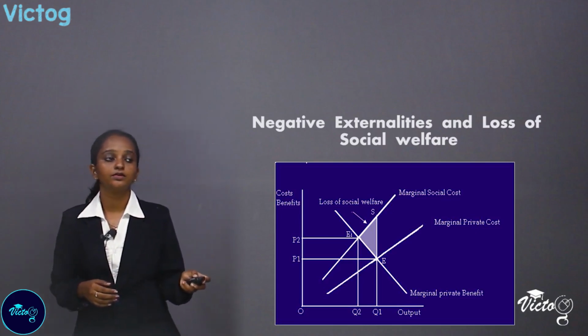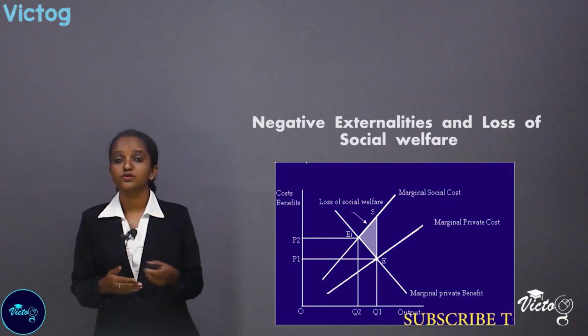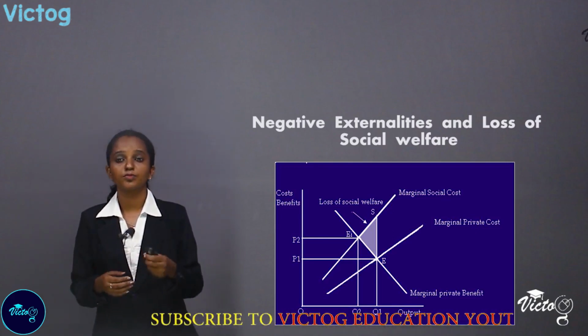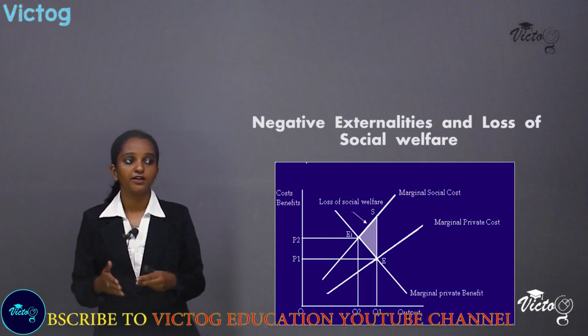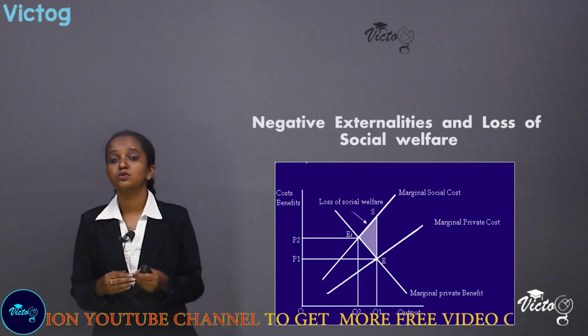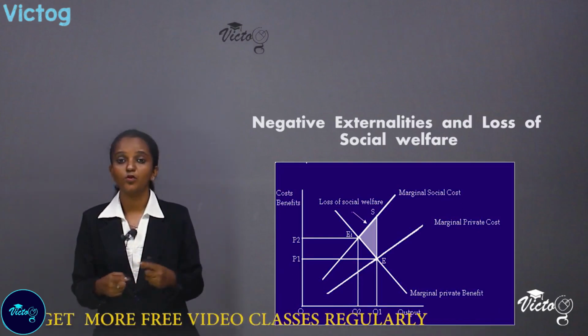Here they are not taking into account the social cost. Marginal social cost is the addition to total cost from producing one more unit of a commodity. Anything that is marginal is an additional cost that you will have to incur for producing one more unit of a commodity.